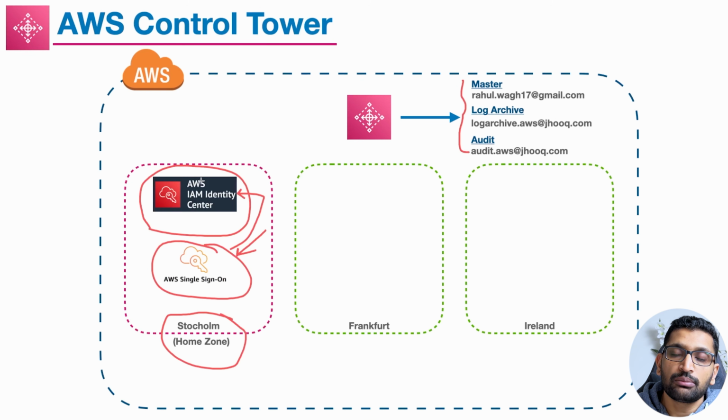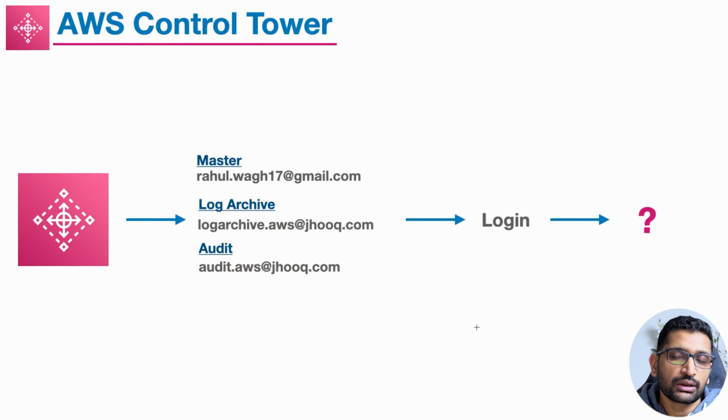Once we have enabled the AWS Identity Center in our Stockholm region, we have also enabled single sign-on there. Just keep in mind that these are the things happening behind the scenes once you set up the Control Tower and select Stockholm or any other region as your home region.